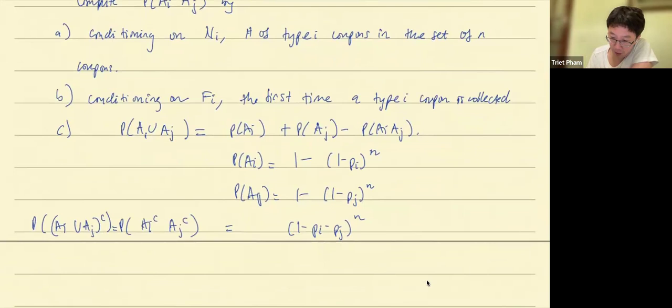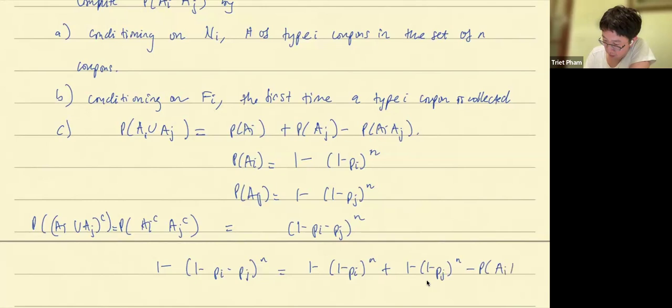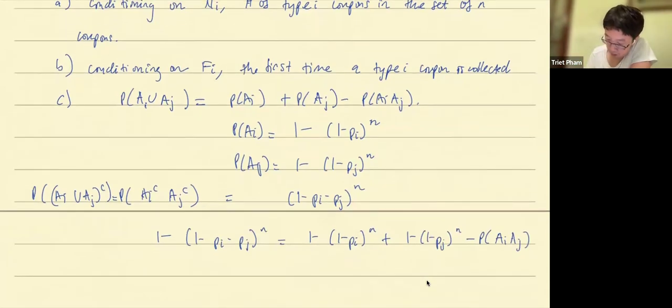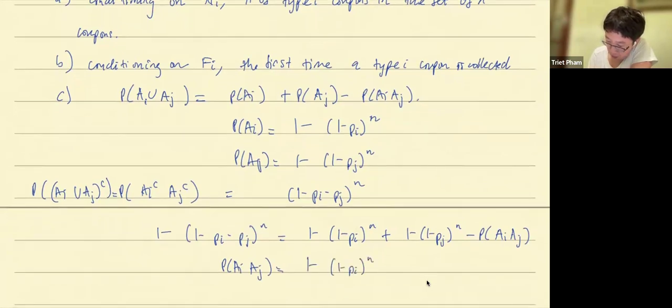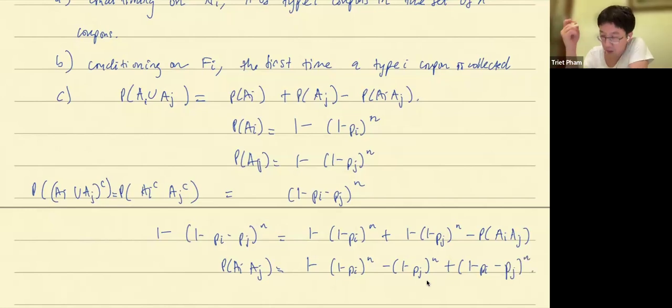Okay, so the equation would go like 1 minus (1 - pi - pj) raised to the n, and so if you subtract over here, it means you get 1 like that.